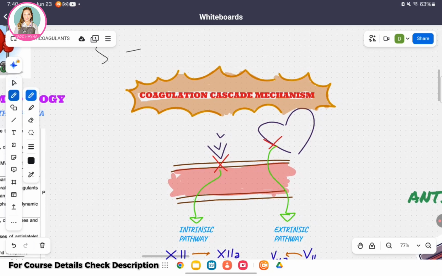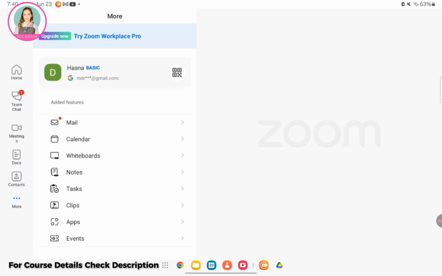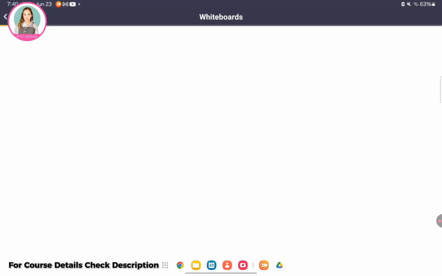So, first let me explain what happens in the body normally, okay? Think that there are two types of vessels in our body: arterial and venous. Mostly in venous circulation, this is how clotting takes place. You guys know what a clot is? A clot is literally a ball of platelets and fibrin together, forming a mesh. That's a clot, so that you can stop bleeding.